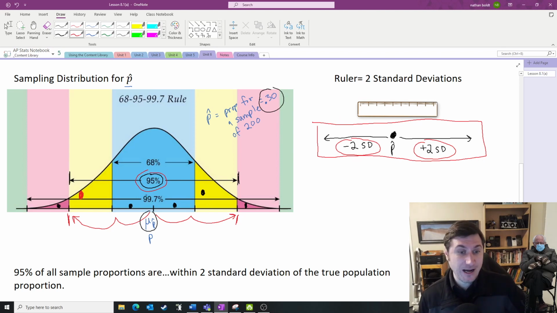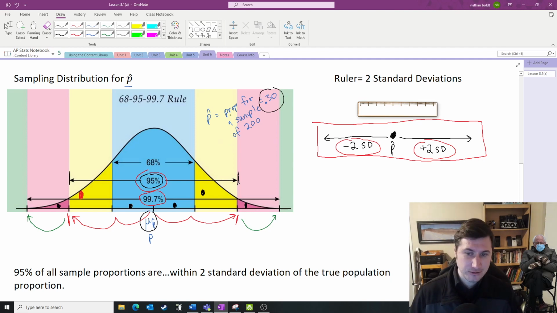If I wanted to be 99.7% sure, I would have to go out 1 more standard deviation, wouldn't I? The ruler would get bigger. My interval would get bigger. But I would be 99.7% sure then. All right, that's the idea of a confidence interval.